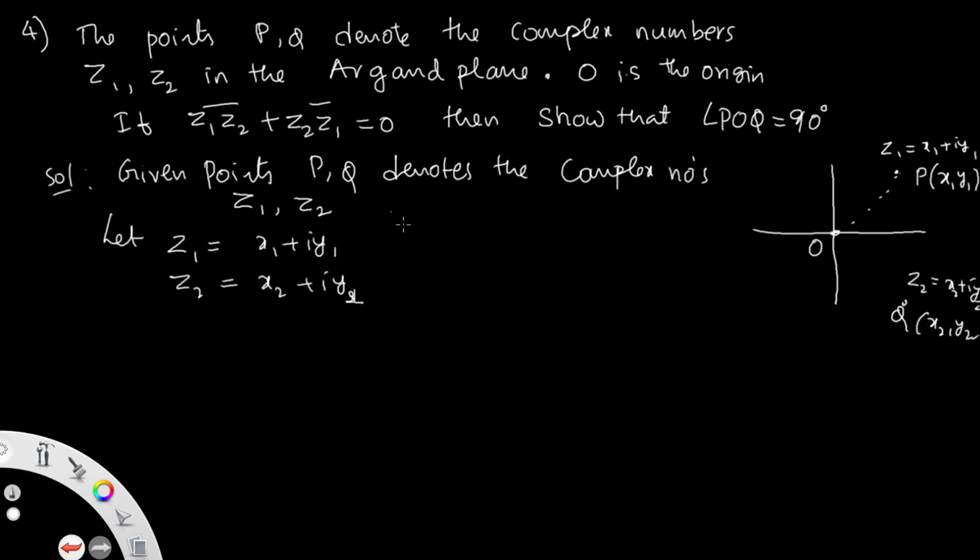Now find Z1 bar, its conjugate, x1 minus iy1, and Z2 bar, its conjugate, x2 minus iy2.